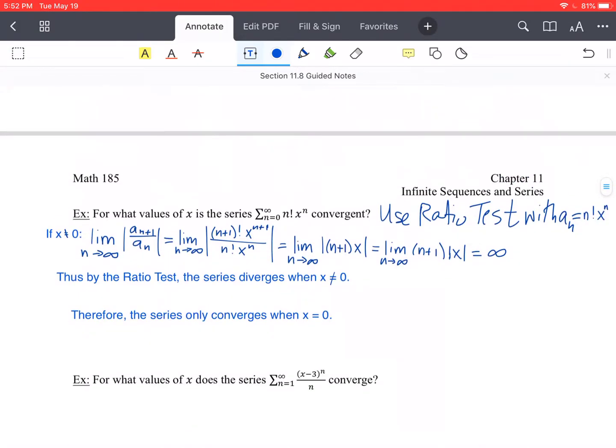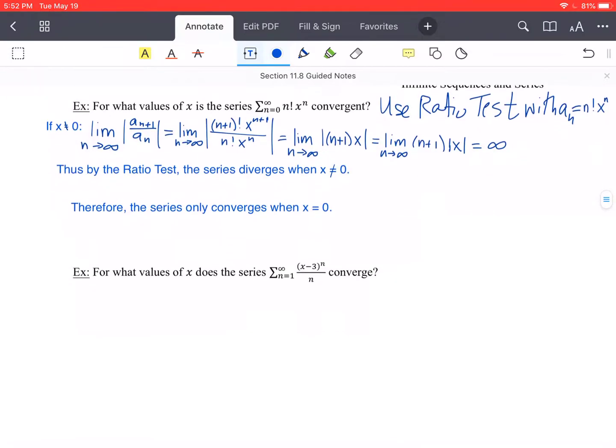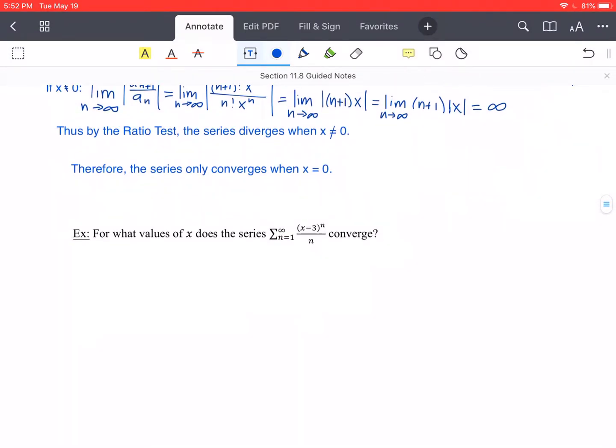Alright. So let's look at the next one. For what values of x does the series (x minus 3)^n over n converge? So we're going to, again, establish our series a sub n. So that's going to be (x minus 3)^n over n.